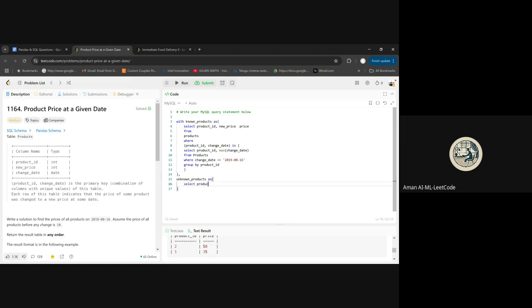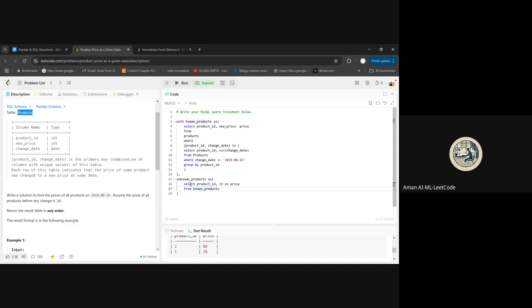So select product ID, comma, just get the value 10 as price here, from the products that we have here, where the product ID is not in the known products. The product ID should not be present in the known products.